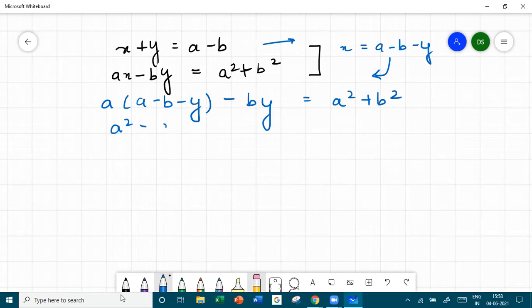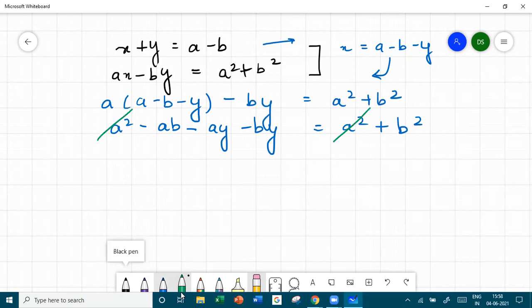Or a square minus ab minus ay minus by is equal to a square plus b square. Signs are same on both sides. I can cancel these two, correct? So what am I left with? I'm left with minus.